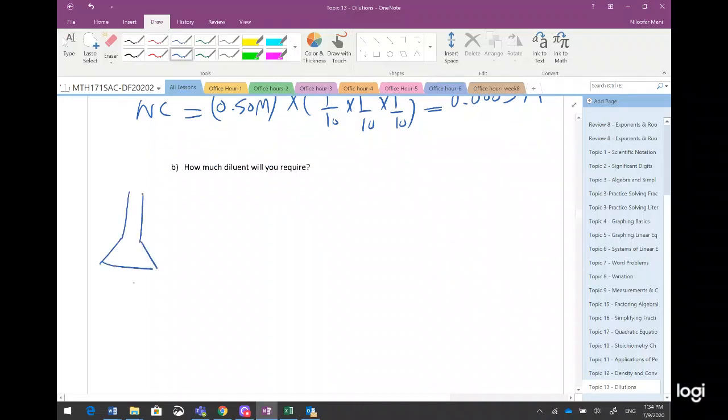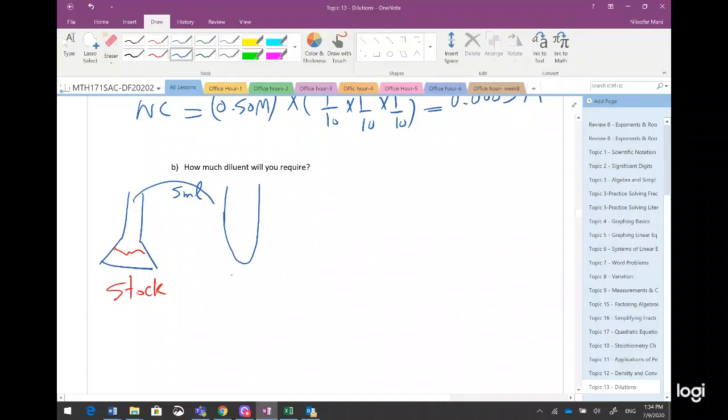So this is my stock, and this is what I have here. Now I take 5 milliliters. How can I have 1 over 10?